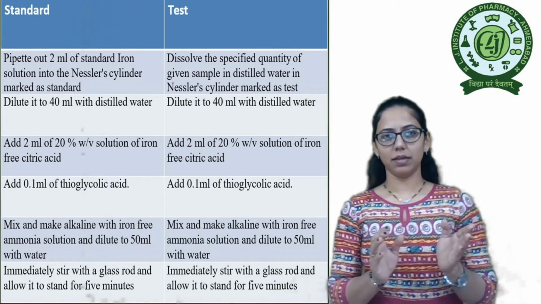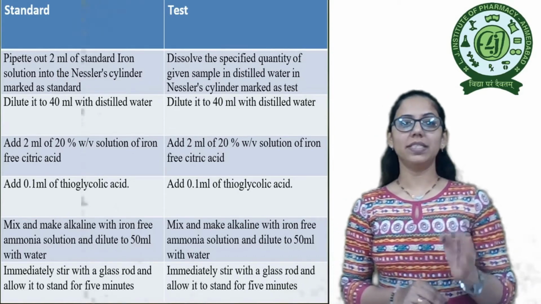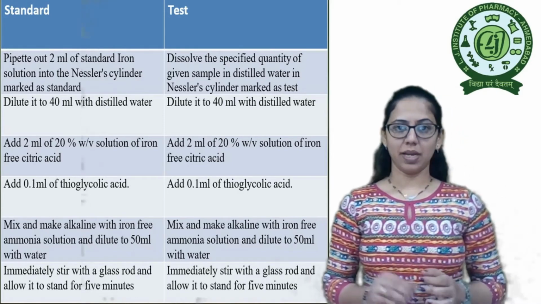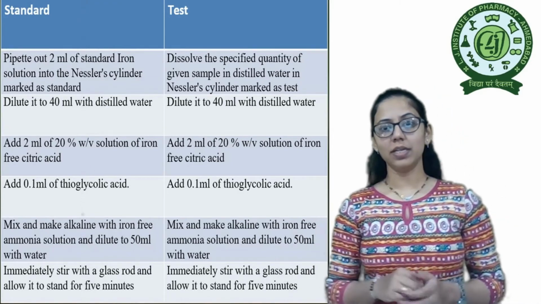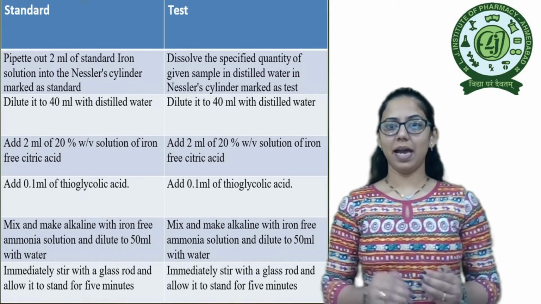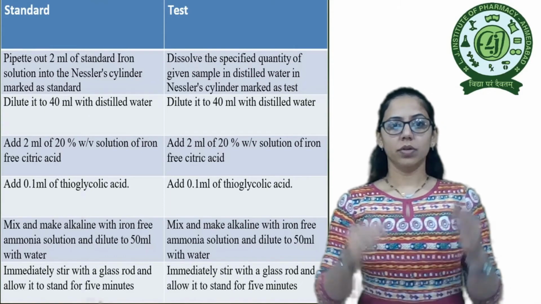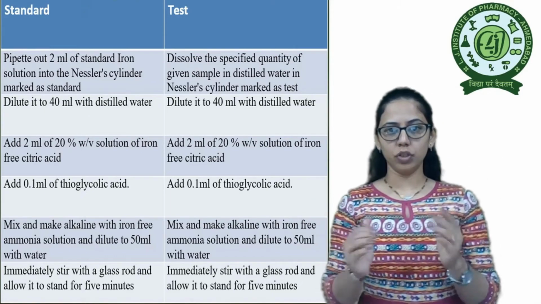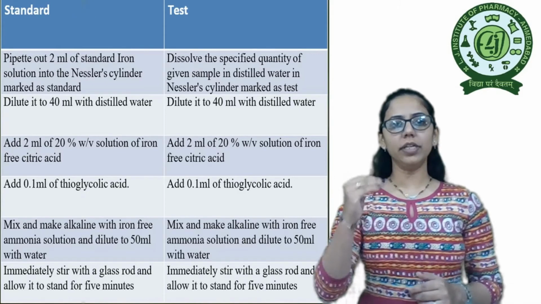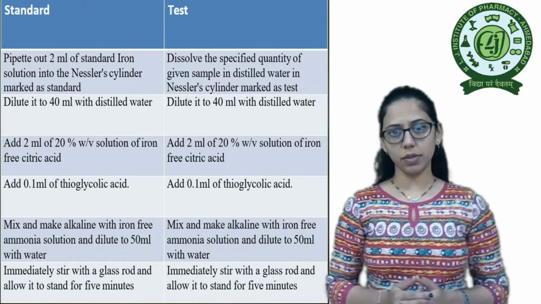Now, within the standard Nessler cylinder, add 2 ml of standard iron solution, and in the test, dissolve a specified quantity of sample in distilled water and add it into a Nessler cylinder. Now in both the test and standard Nessler cylinders, dilute with 40 ml of distilled water.